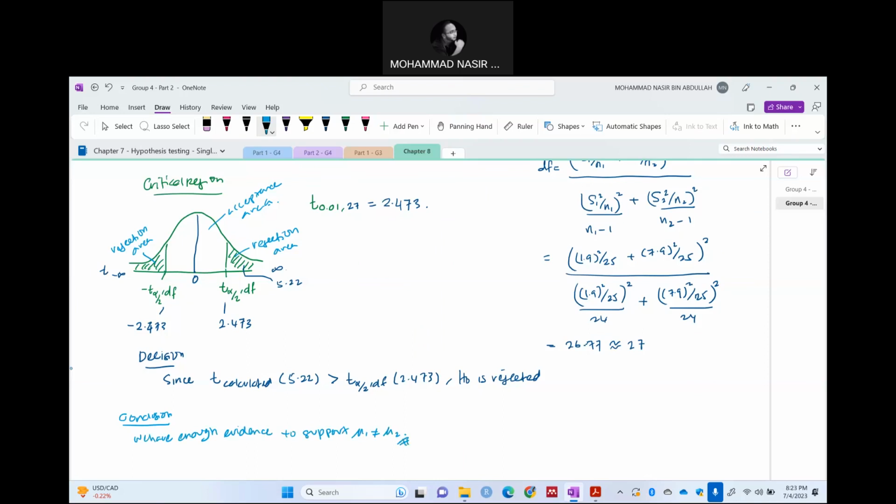Can you understand? Basically it's the same procedure but a different formula based on the different condition.